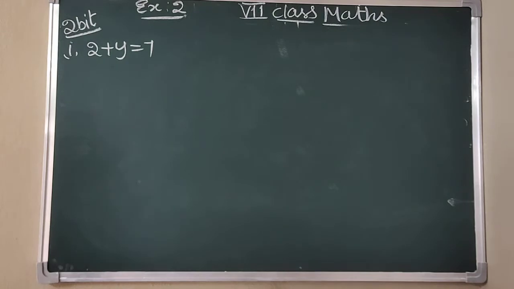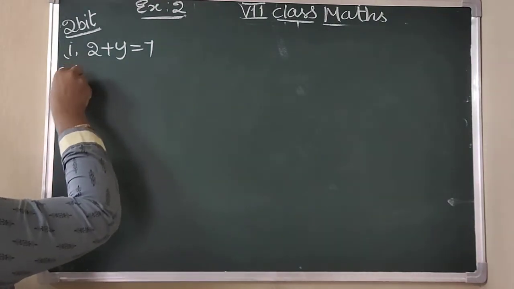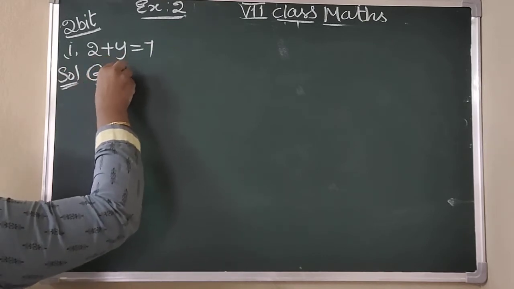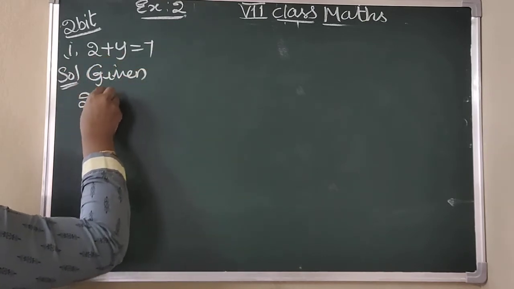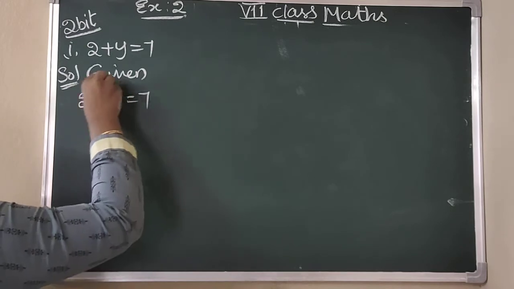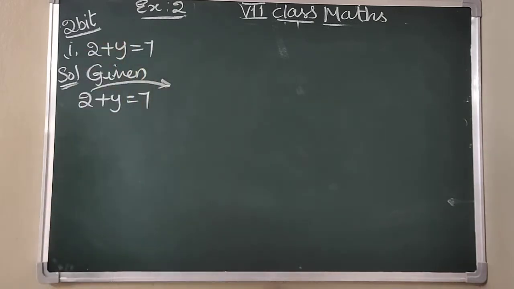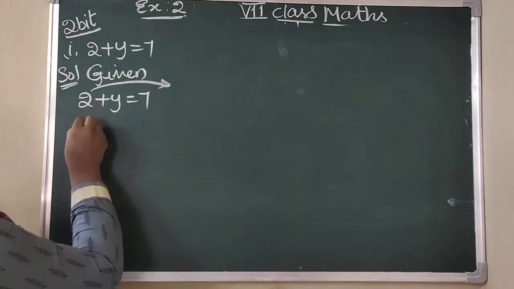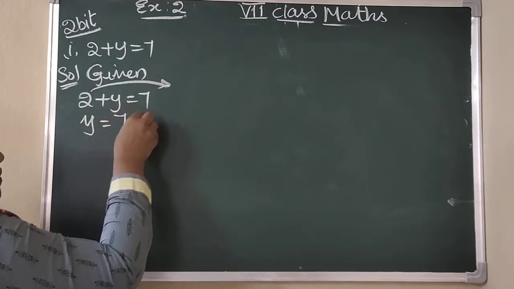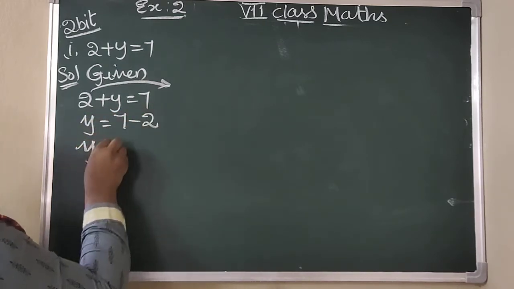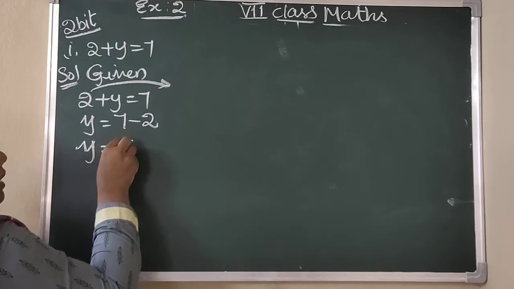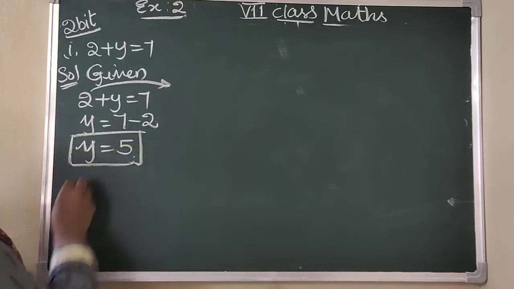If you transpose that plus, it will change to minus. So the solution: given 2 plus y is equal to 7. If you transpose this plus 2 to the other side, it changes to minus 2. So y is equal to 7 minus 2. 7 minus 2 is how much? 5. So we have to verify now.